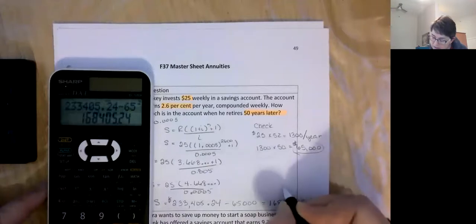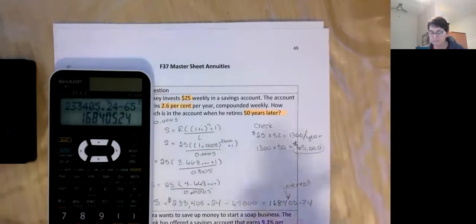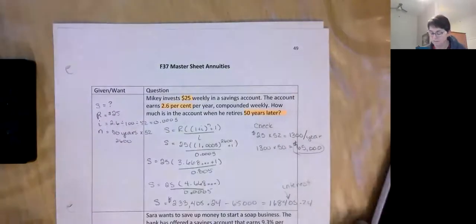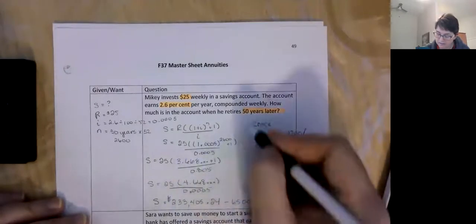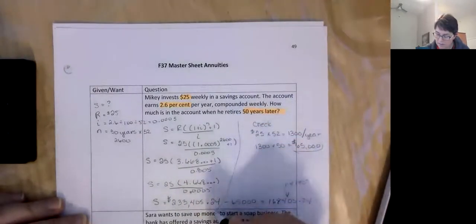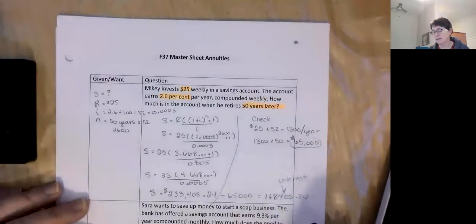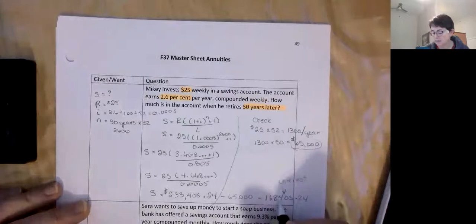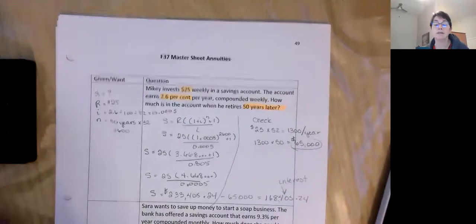This is the interest that he gained. Oh, and for anybody that wanted to know, this wasn't part of the actual question. This is just me doing a check and being curious as to exactly how much money he gained, or, sorry, how much interest he made.